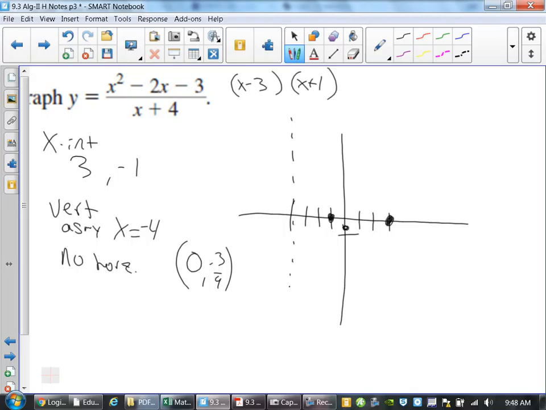Still not exactly sure what this curve's going to do on that side. So let's use 1. Or better yet, let's use negative 3. Let's see what's happening a little bit closer to that.